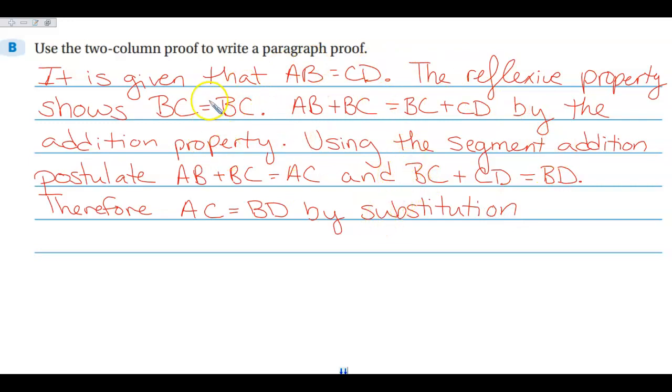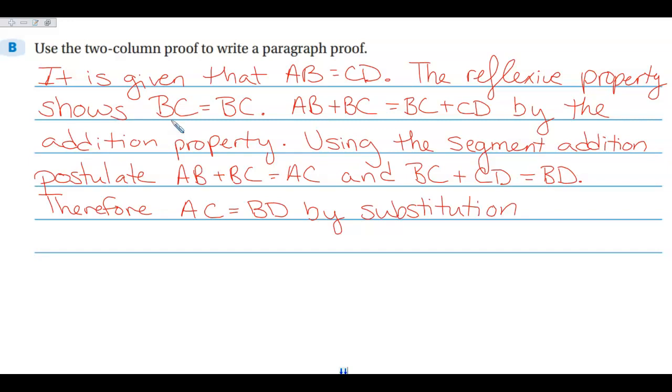Like, you can say that BC is equal to BC using the reflexive property or by the reflexive property. Basically the content of each sentence should remain the same. You should have this information and the word given somewhere in that sentence. You should have the reflexive property somewhere and this information. As long as the same information is in each sentence, the way you say it doesn't really matter. Just make sure it makes sense grammatically.